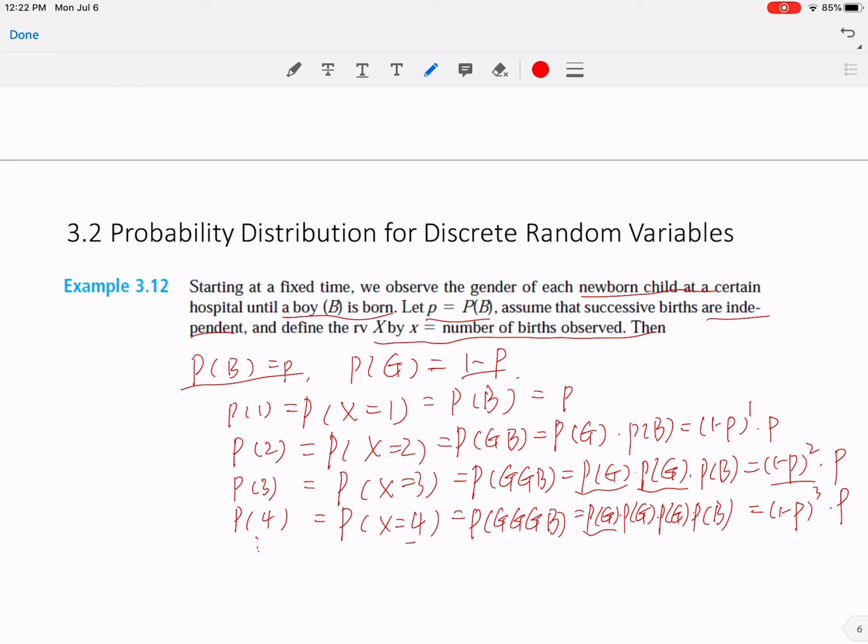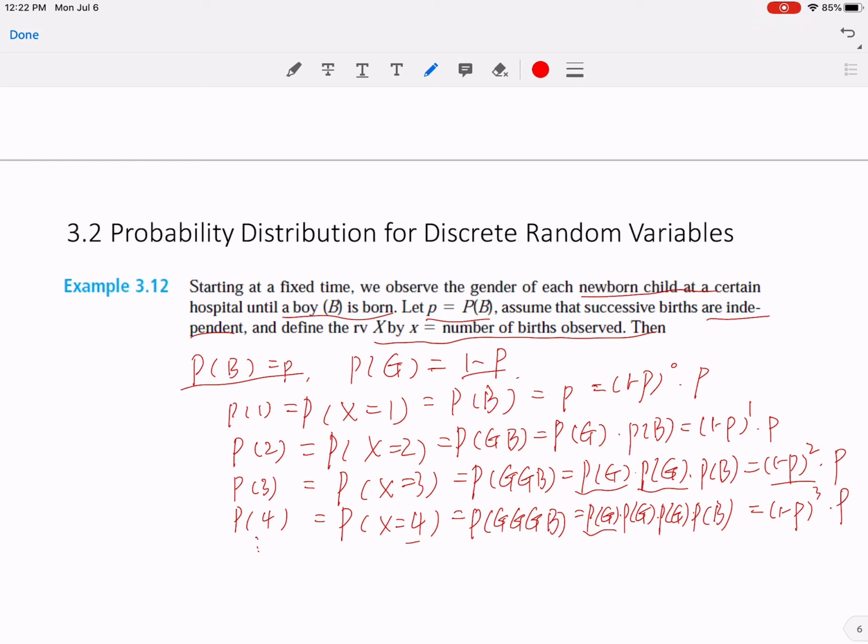When x is equal to 4, the power of 1 minus p is 3, which is 4 minus 1. Actually, the first case is 1 minus p to the power of 0 times p, right? Because 1 minus p to the power of 0 is 1, and 1 times p is just p itself. In this case, the value of x is 1, and the 0 is equal to 1 minus 1.